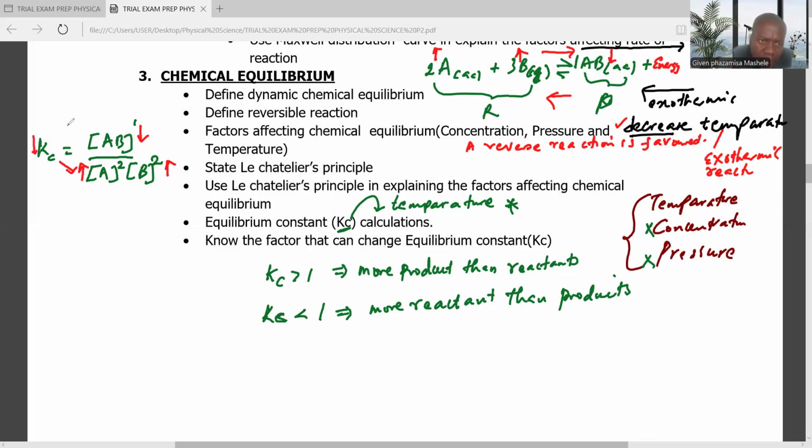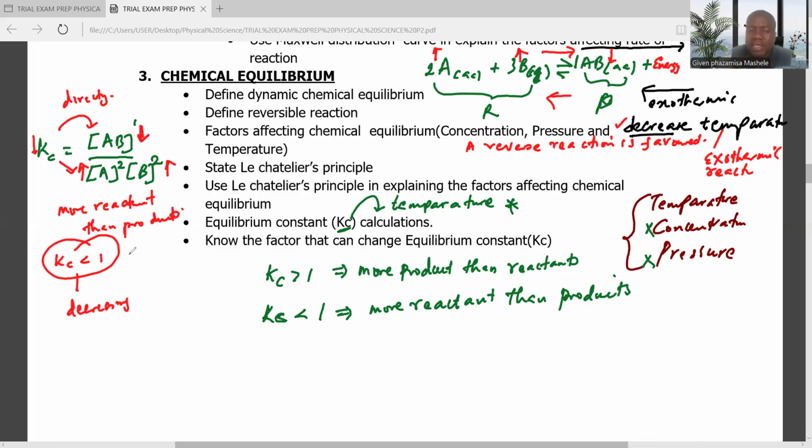This time around we have more reactants than products, which means the Kc would be less than 1, so the value is decreasing.